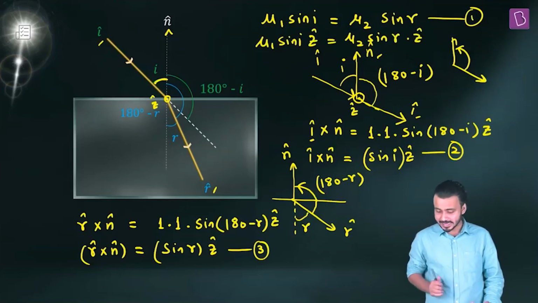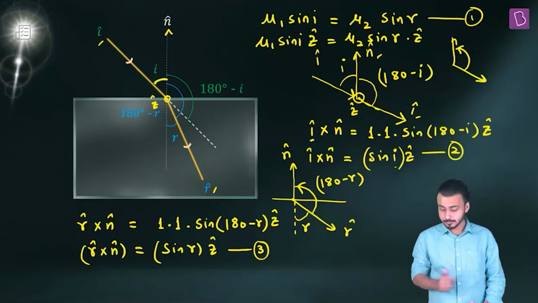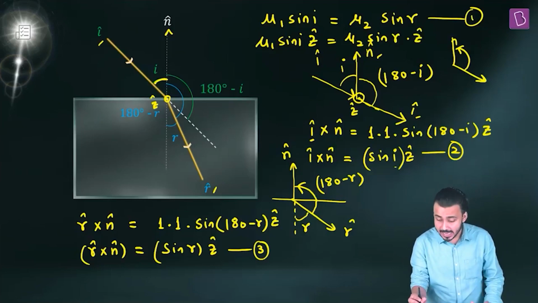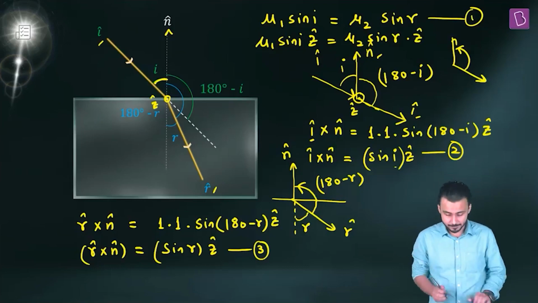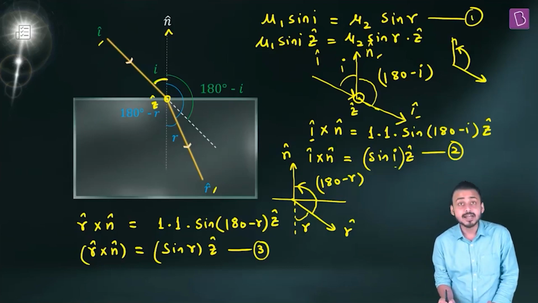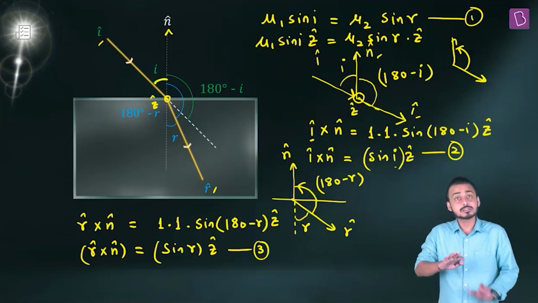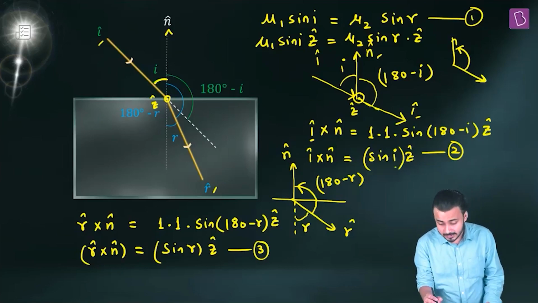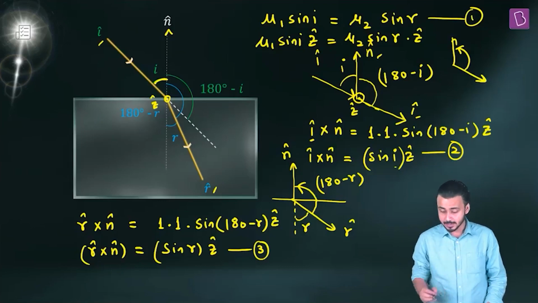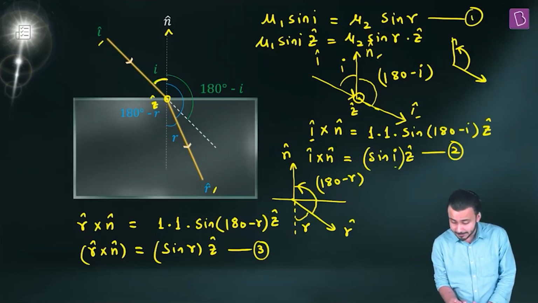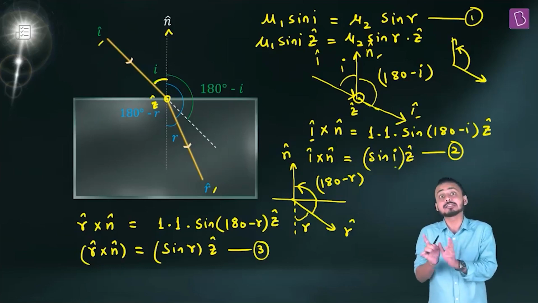And sine I times Z cap is I cap cross N cap, correct? From equation 2. And sine r times Z cap is R cap cross N cap, right? So we will just replace sine I times Z cap and sine r times Z cap by I cap cross N cap and R cap cross N cap, right?